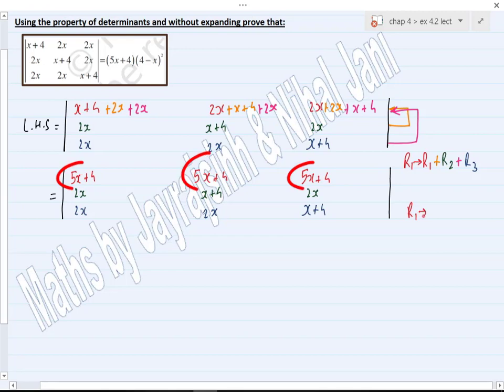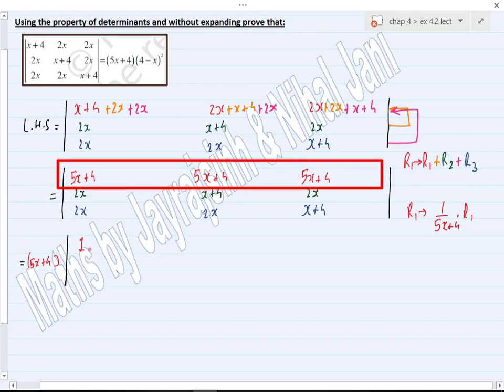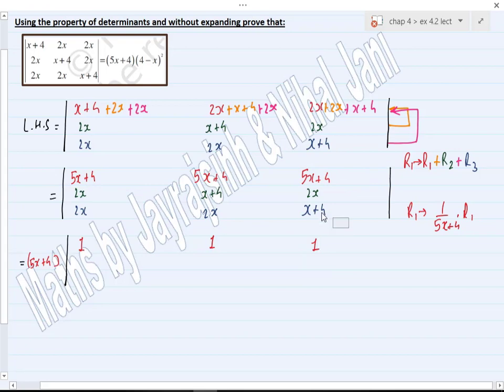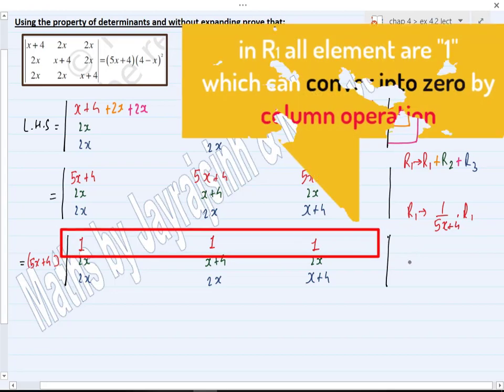So we can take common 5x plus 4 from the first row. You have to multiply 5x plus 4 with the determinant, and your first row will become 1, 1, and 1, and rest of the two rows will be as it is. Now we get 1 in the first row, which can easily convert it into 0 by column operation.